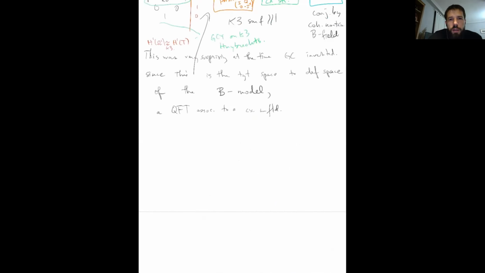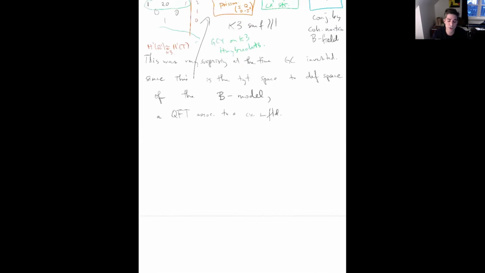Yeah, I have two questions. One is what happens if your GCS comes from a symplectic structure? Do you get like the space of deformations of the A model, or? Yeah, it will be the deformations of the A model.